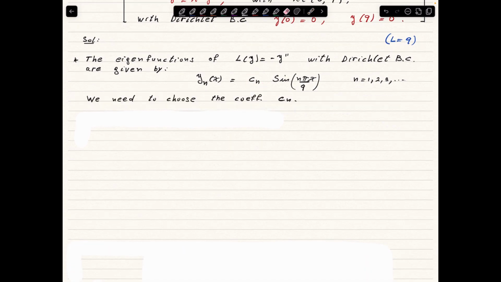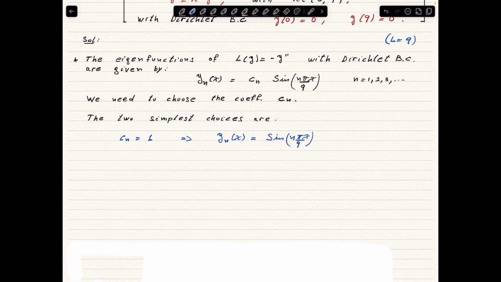Well, there are infinitely many possibilities, but the two simplest possibilities are: we choose the constants all equal to 1, and then we have eigenfunctions y_n of x, which are just the sine functions of n pi x over 9. And although the coefficients are all 1, the functions are not unit functions.